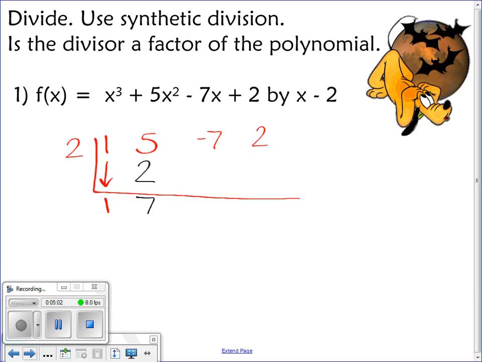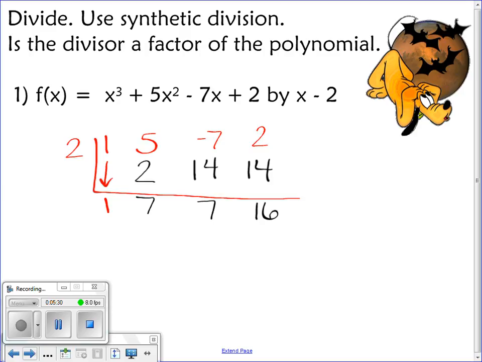Then I multiply 2 times 7. I write that underneath the next number. Then negative 7 plus 14 is 7. I multiply again, 2 times 7, and then I add, and I get 16. You guys with me so far? Any questions about what I did there? We're almost done.